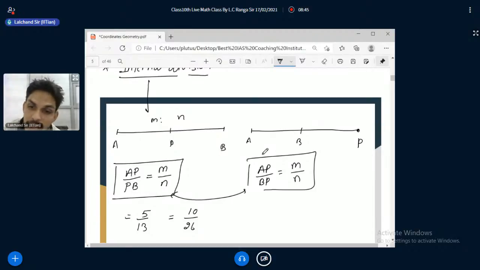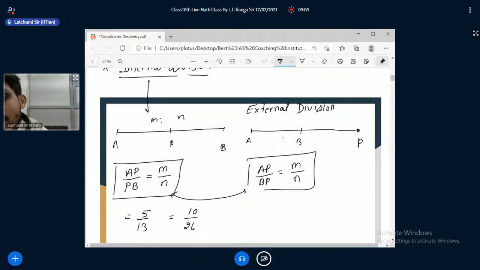Okay. So we can get the same ratio, one internally and the other externally. This is our external division. Okay, are you getting it now? What do you mean by external division?